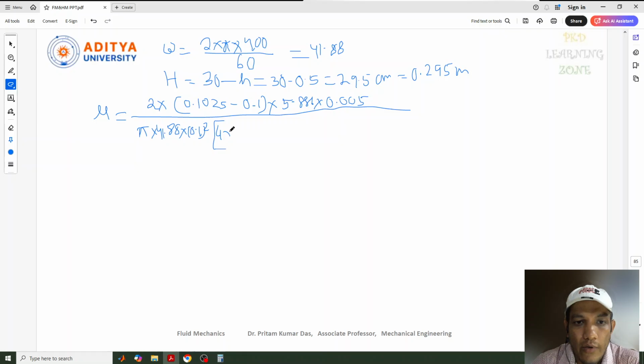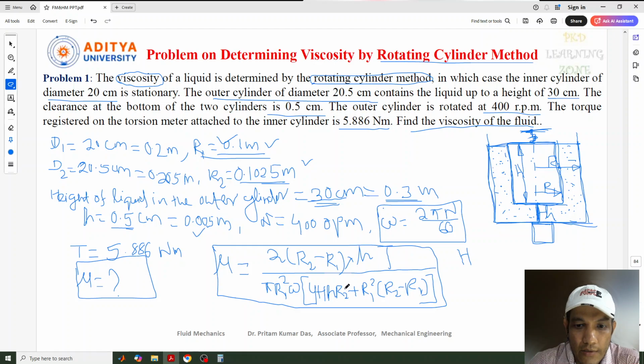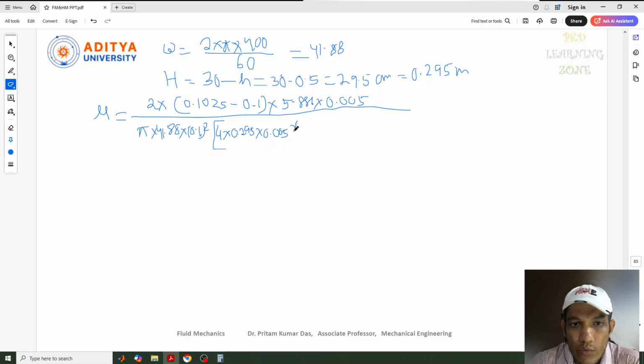So 4 into capital H, 0.295 into small h, 0.005, and into R2, 0.1025.